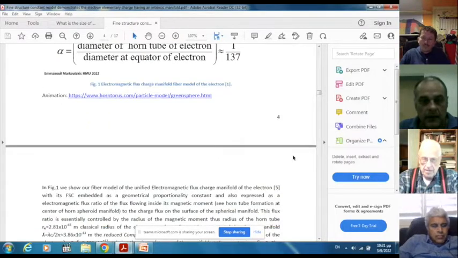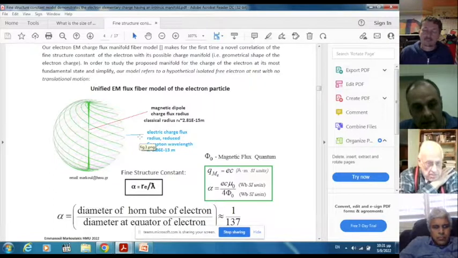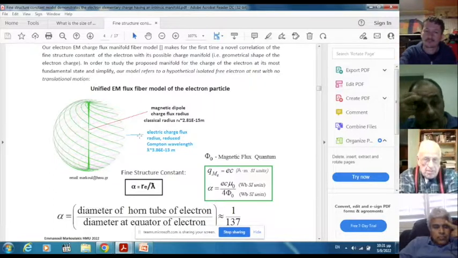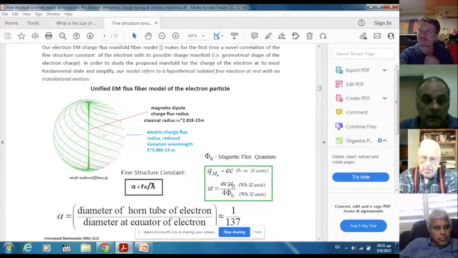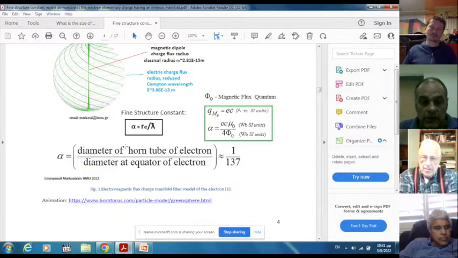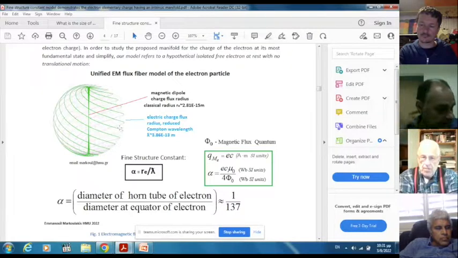Okay, so now we are fine with that, but there is a problem. The experimentalists cannot see this radius here. It's 3.86 times 10 to the minus 13 meters. They say no, it's much smaller.